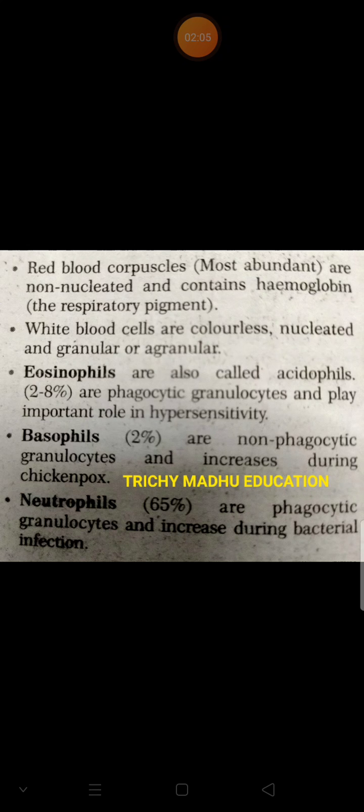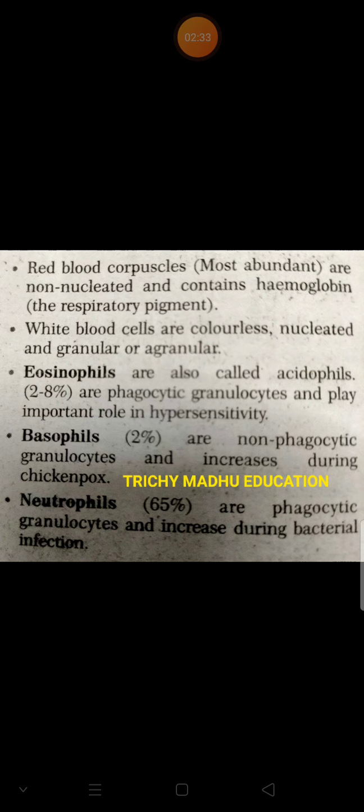Eosinophils are also called acidophils. They are 2 to 8%, are phagocytic granulocytes and play an important role in hypersensitivity.